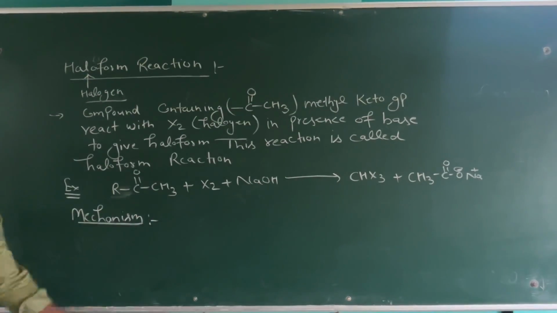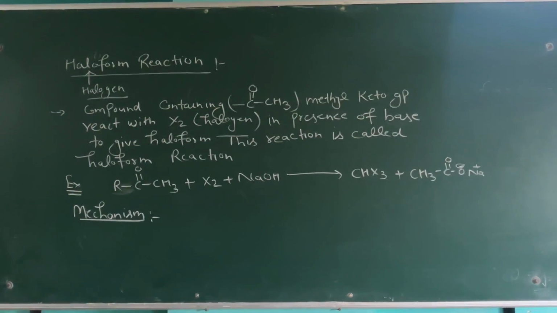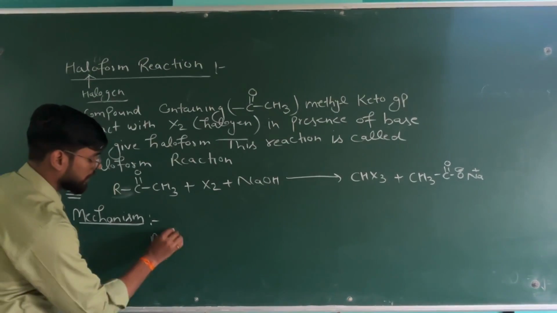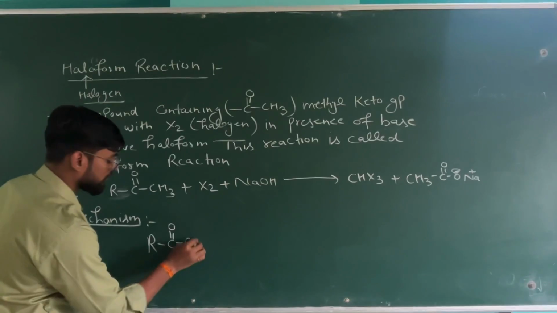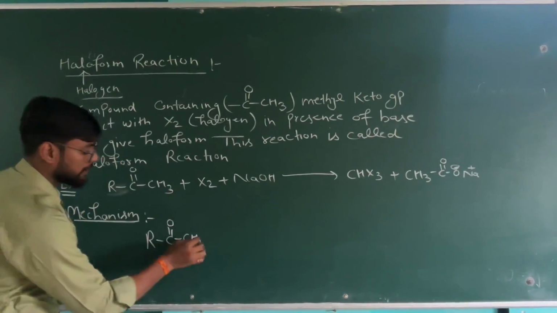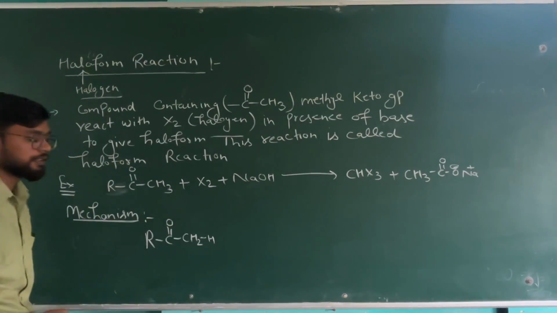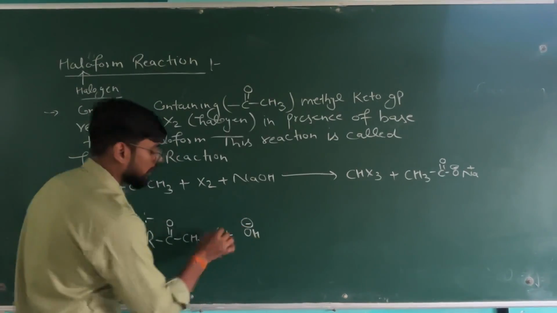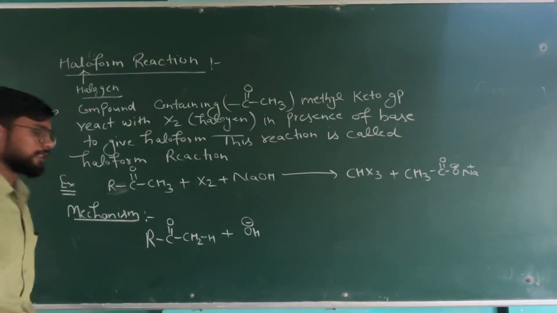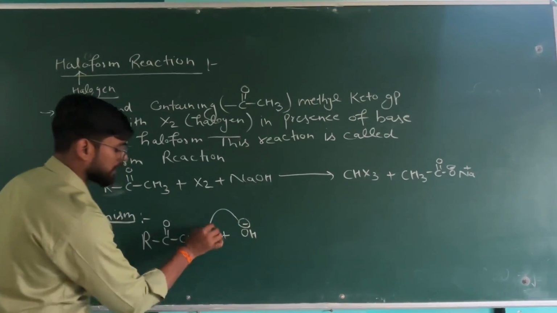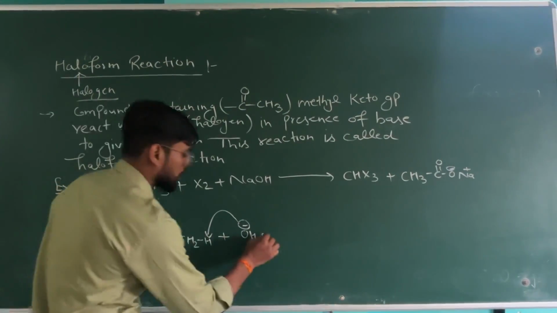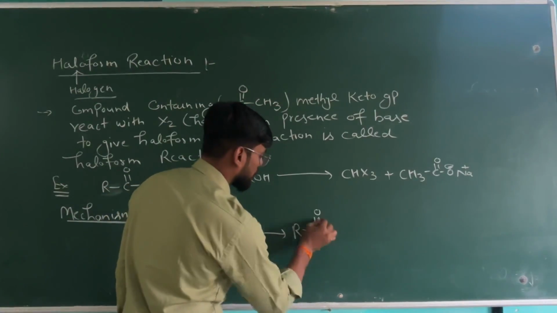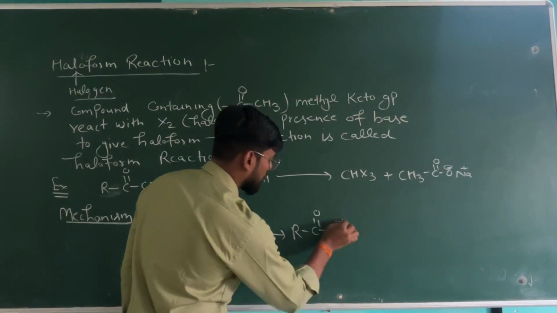In this reaction, first of all, RCOCH3 can be written like this, with CH2-H. First is an acid-base reaction: the base OH minus accepts the proton, so here forms R-C double bond O, CH2 minus.